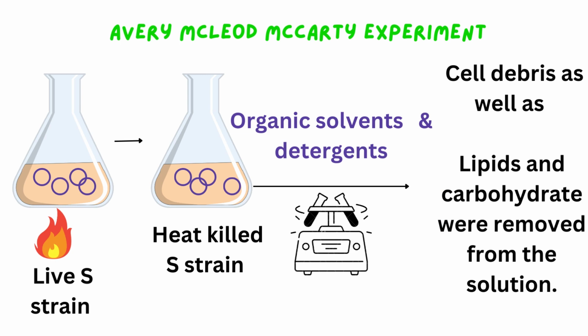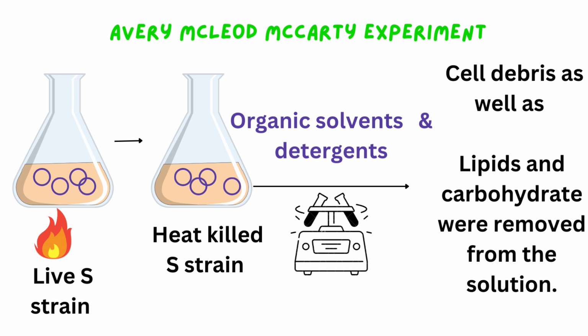To find out the biochemical nature of Griffith's transforming principle, Avery and colleagues set up a series of experiments. They did exactly what Griffith had done in his experiments, but with the following changes. Firstly, after heat killing the smooth strain of bacteria, the mixture was treated using detergents to break open the cells.